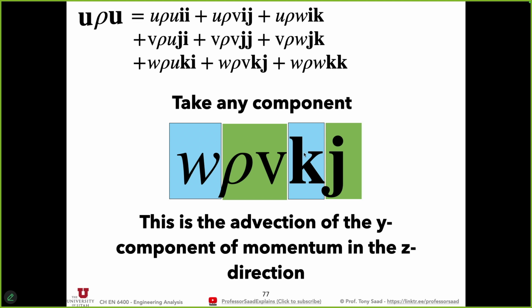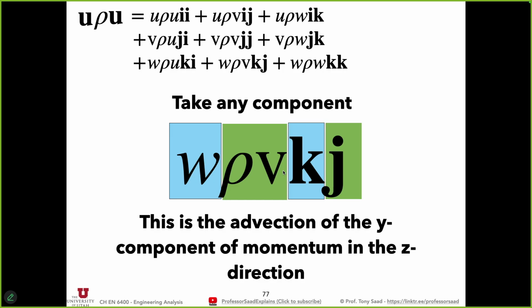And in this case, it's in the K direction. So you see the W over here. So we're consistent. Our convention for W rho V or U rho U or W rho U or U rho W is consistent with this dyadic nomenclature. It enforces that nomenclature.